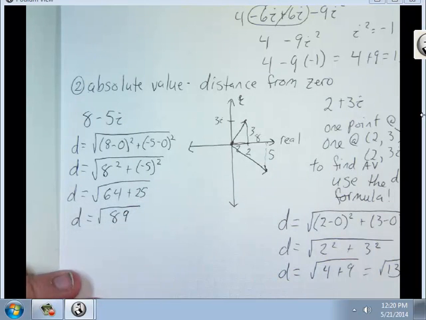And off the top of my head, I don't think anything goes into that. 49, no. No. So we're going to just leave that one alone.